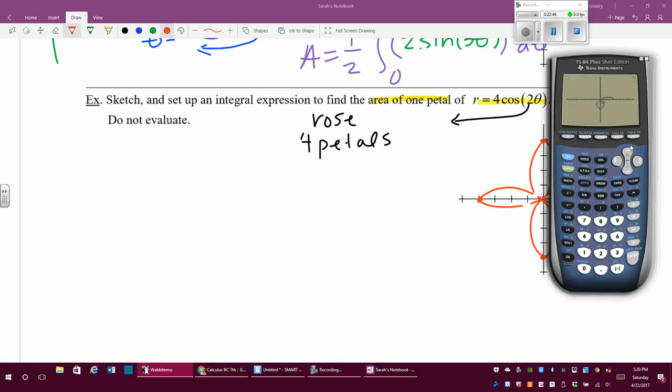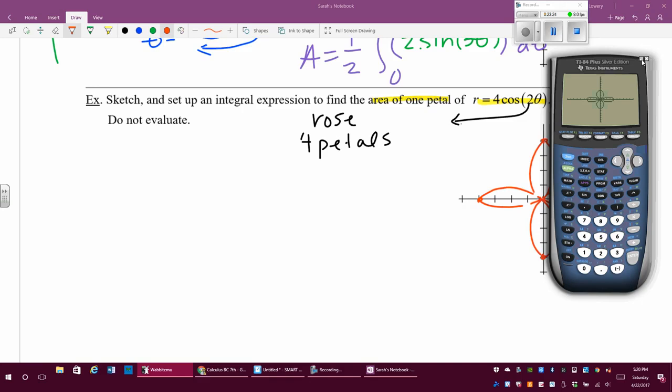So there's 1 leaf, 2 leaves, 3 leaves, 4 leaves. And notice, let me show you that graph one more time. Watch the particle. Top, down, left, here, and then it completes it down underneath, which is kind of interesting. So this rose curve actually went from 0 to 2 pi, which is kind of cool.